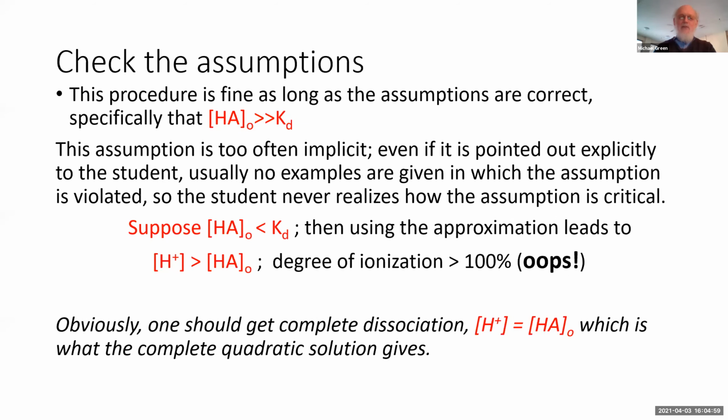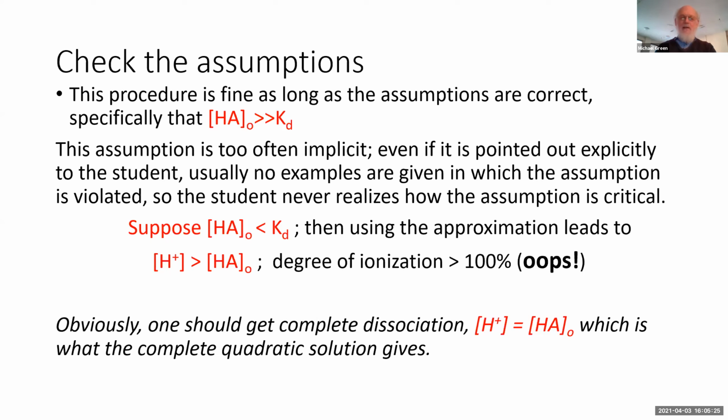However, check the assumptions. This is fine as long as the initial concentration is much greater than the dissociation constant. But the assumption is too often implicit. Even if it's pointed out explicitly to the students, no examples are given in which the assumption is violated, so the student never realizes how the assumption is critical.